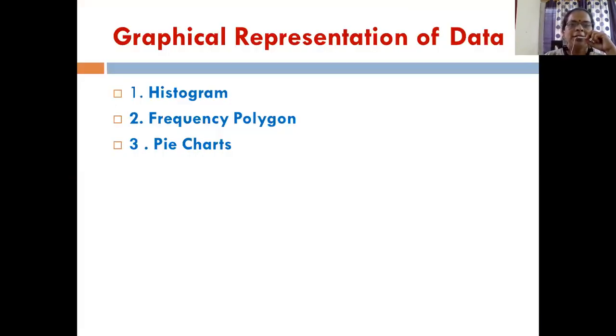In this session, we are going to see what is histogram, frequency polygon, and pie chart, or pie diagram, how to construct it, and what is the benefit of representing the data in this graphical representation.